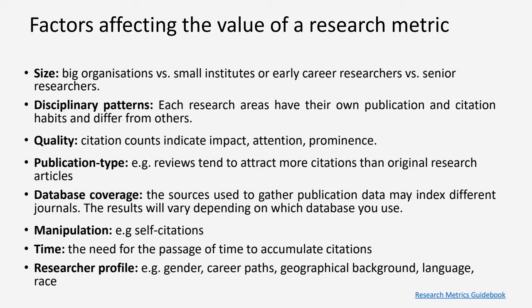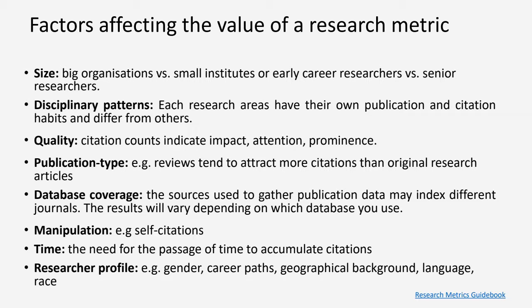Again, you can read these on the screen here, but a good point to mention as well is that review articles tend to attract more citations than original research articles, because they are giving the overarching position on a particular research topic, and so they are often relied on as a review of a particular topic, and therefore they become highly cited.